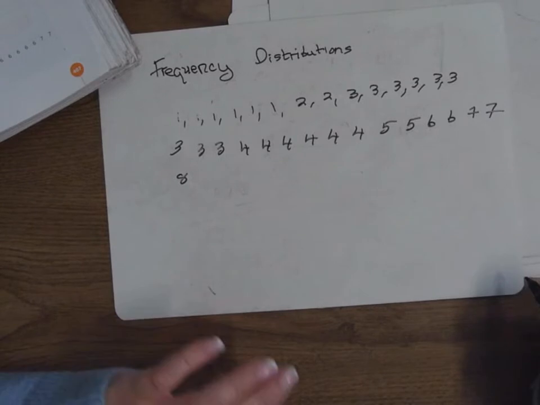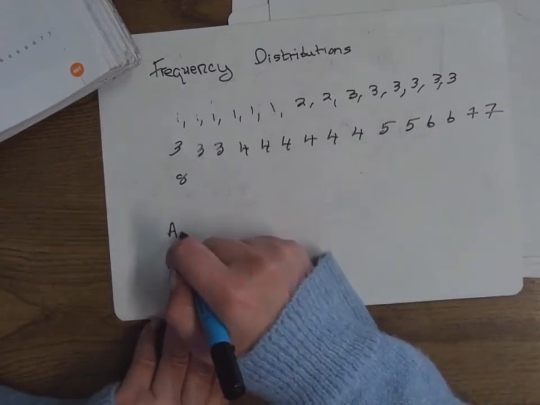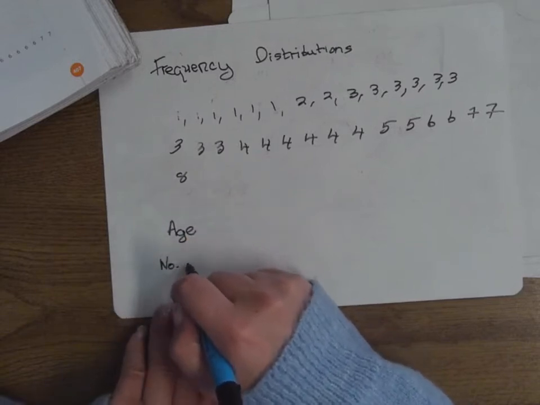So instead of writing out a list, I could write a frequency table, where I write the ages and then the number of kids.